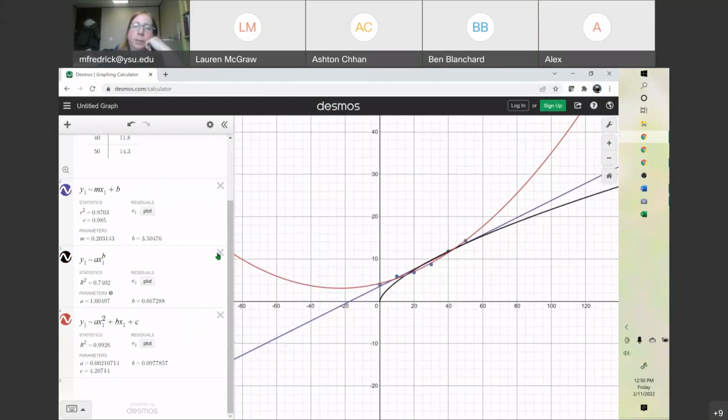There we go. That's pretty good. Is there any questions? Okay, so practice using Desmos over the weekend. And I guess that's it. Is there any questions?